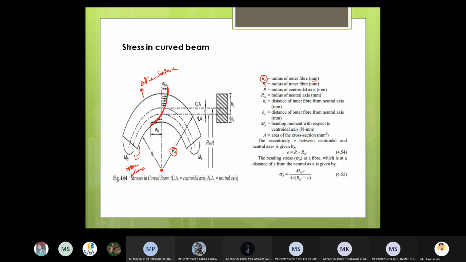Okay, and next one, Ri, nothing but the radius of the inner fiber. Here, from the center of curvature to the inner surface of the beam, that is Ri. It is also measured in mm. And capital R is the radius of the central axis, meaning from the center of curvature to the center of gravity line.